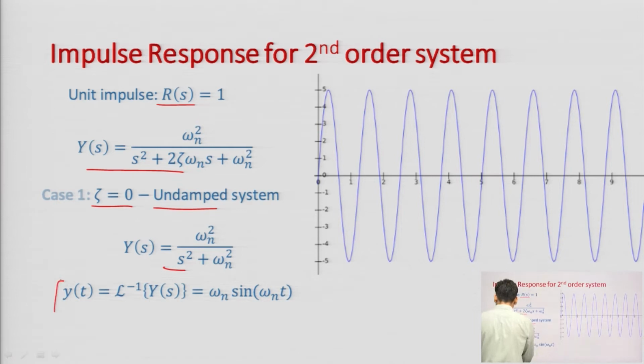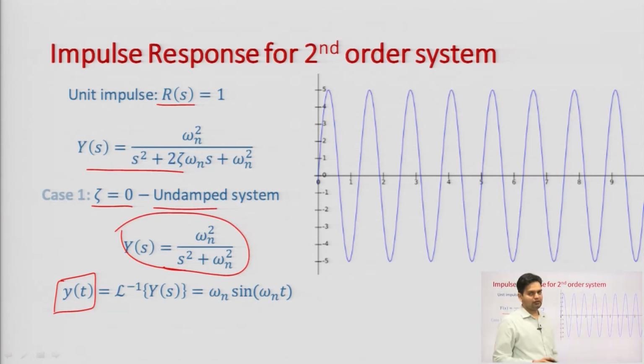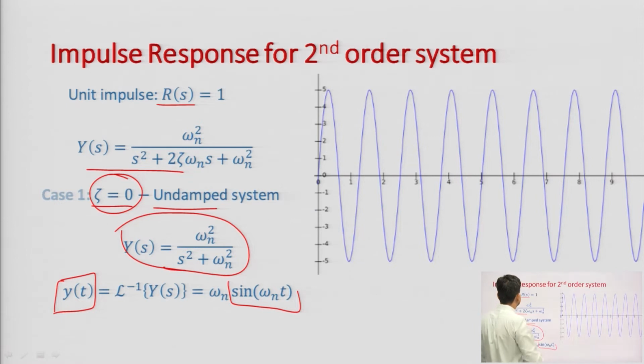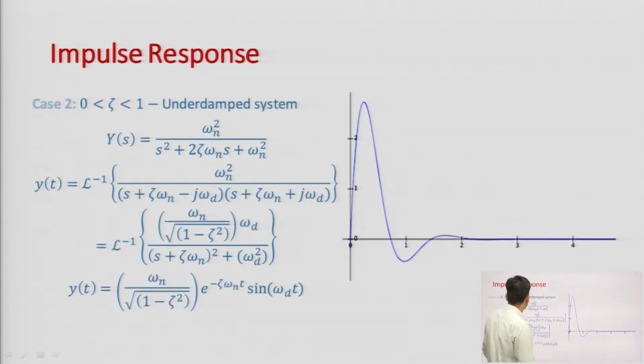So I have to take the Laplace inverse of it, because I need the output response in the time domain. This gives a sine term, omega n sine omega n t, when you take the Laplace inverse. So I will get a sustained oscillation at the output whenever zeta is equal to 0. This is the impulse response of the second order system for the case zeta equal to 0.